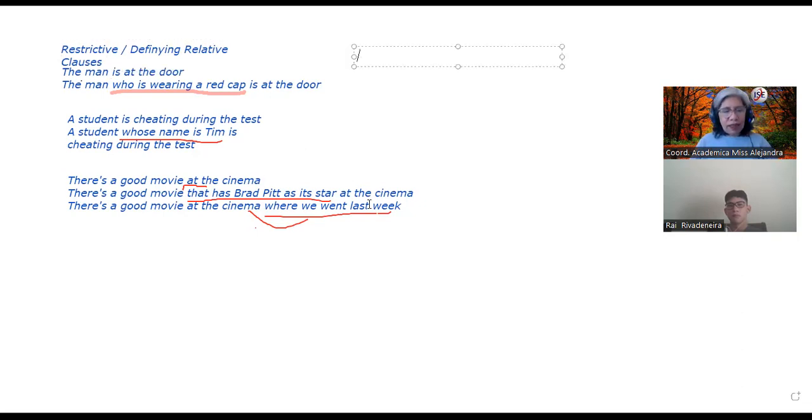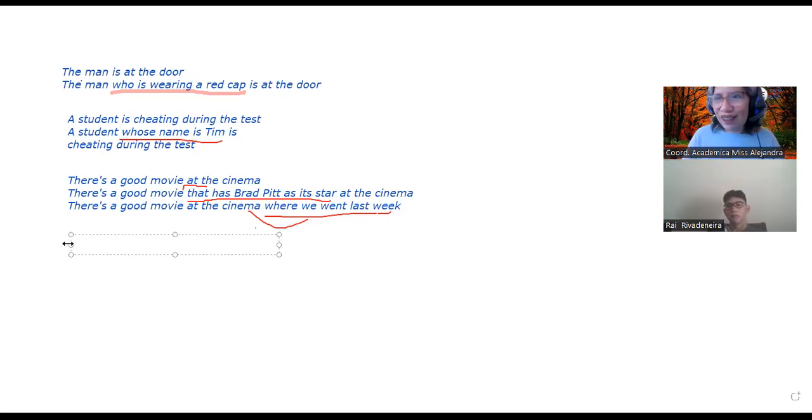Cláusulas relativas restrictivas or definidoras, defining, okay?